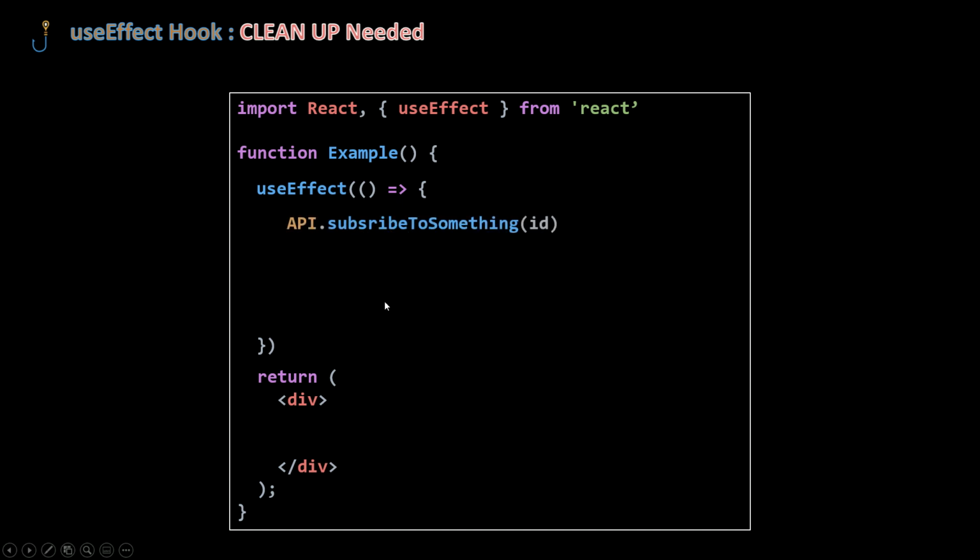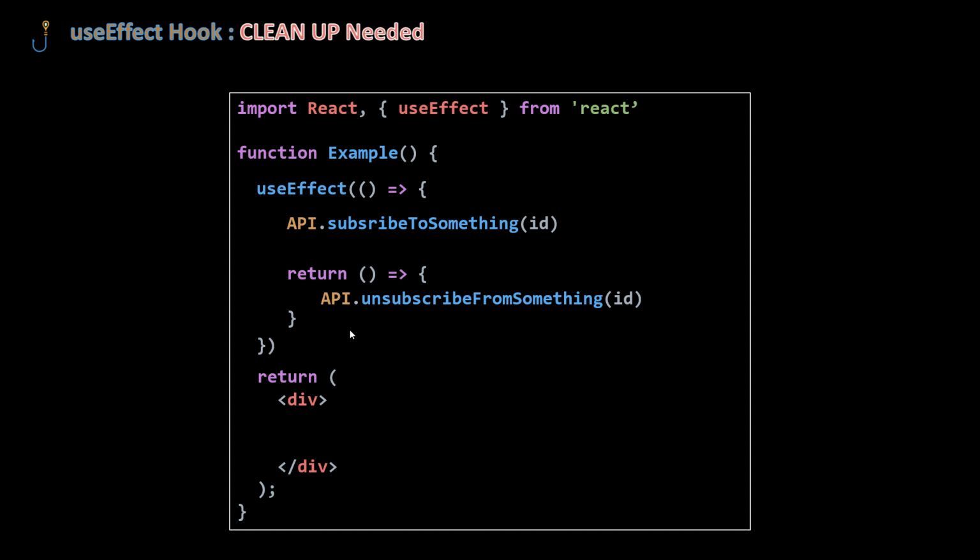So now when my component's render finishes, useEffect will call this function, and this will set up our subscription. In this case, if we don't unsubscribe, we're going to create a memory leak. So to avoid that, we need to do a cleanup. To do a cleanup, we're going to wrap this inside a function and then use our return. So to clean up, our useEffect hook needs to return a function.